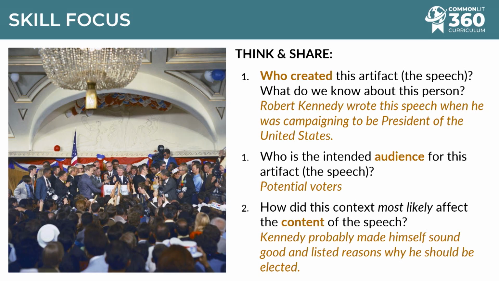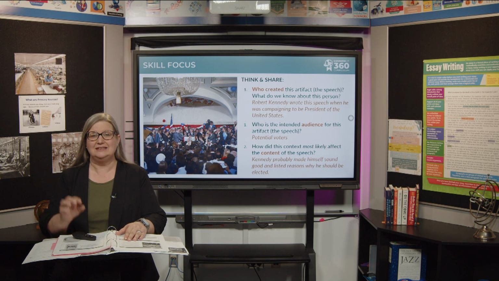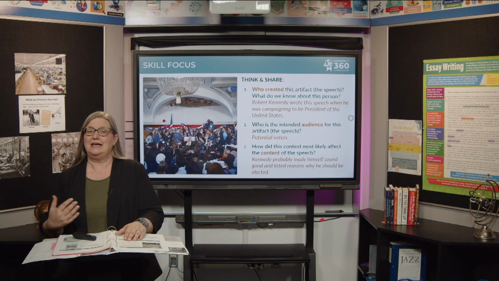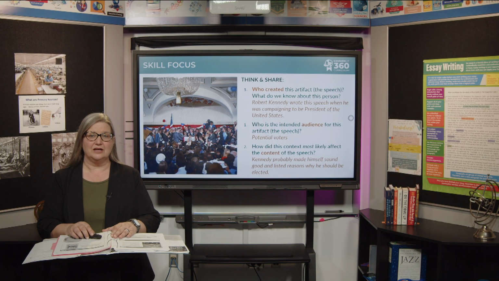Well, obviously Kennedy probably made himself sound good and listed reasons why he should be elected. And so he's not going to share the bad things about himself unless he's going to spin it in order to attract a different type of person that will be voting during that season.